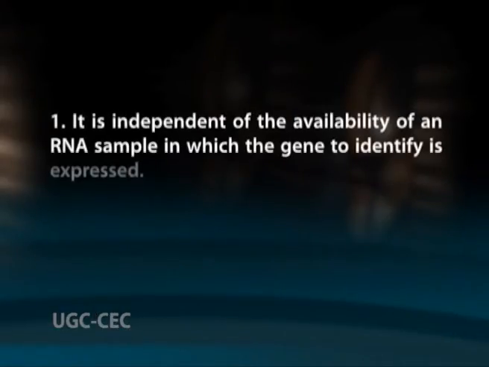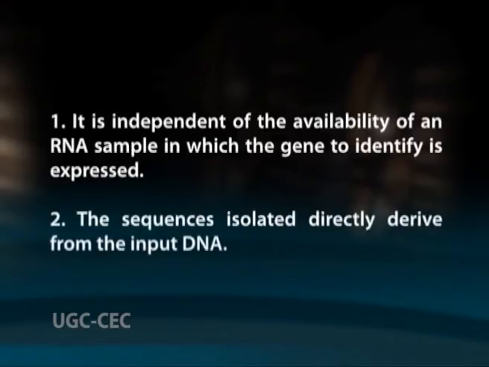Compared with other techniques for gene identification, exon trapping has two main characteristic features. First, it is independent of the availability of an RNA sample in which the gene to identify is expressed. Second, the sequences isolated directly derive from the input DNA.